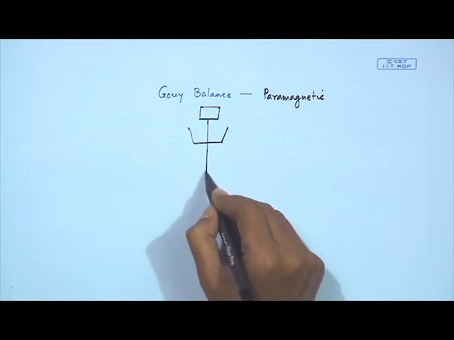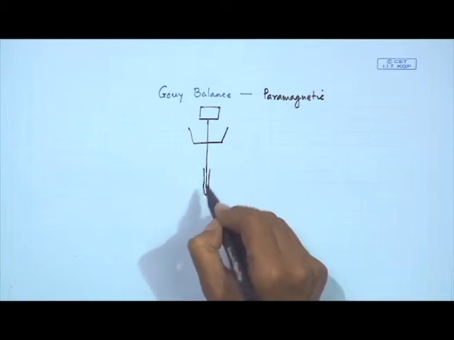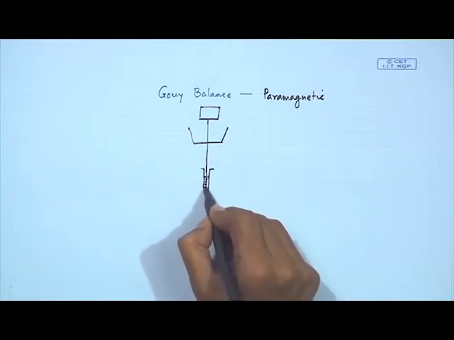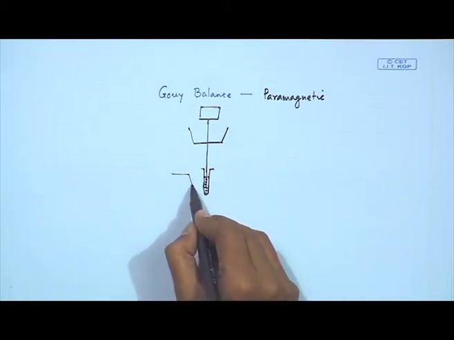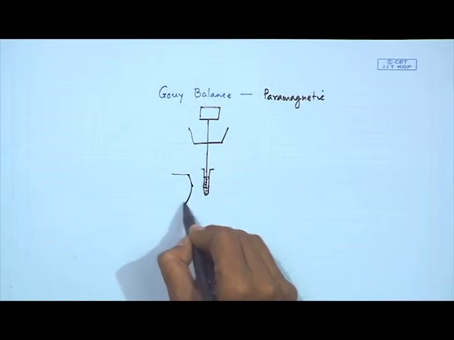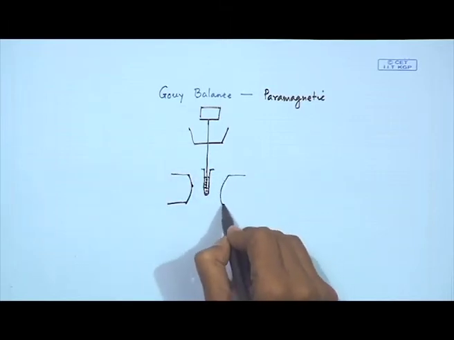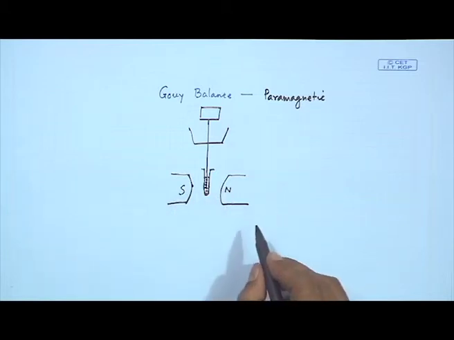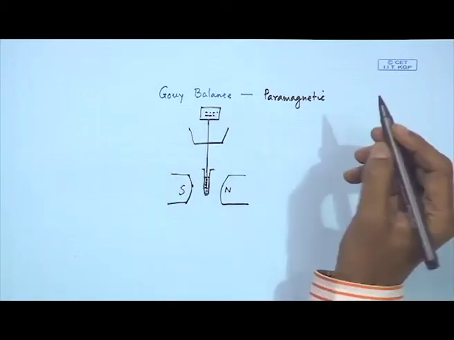So, the Gouy tube is basically hanging over here, and we take the weight and the sample is filled in this tube. But if we place this particular one in some magnet, this is basically the digital recording of the weight change.